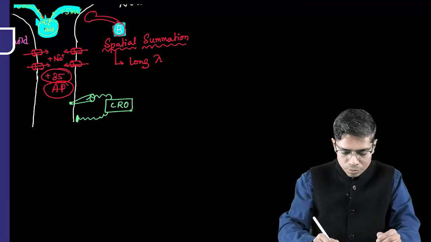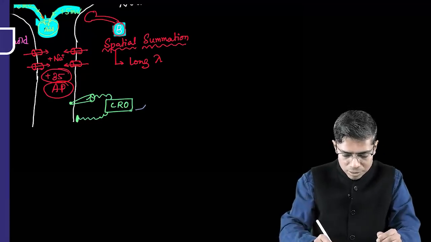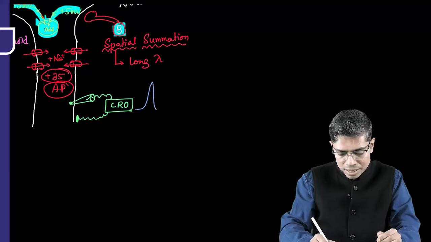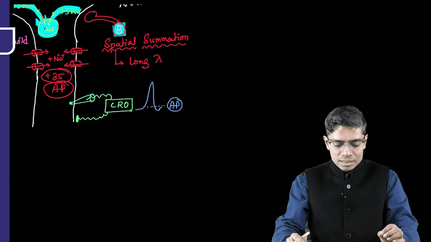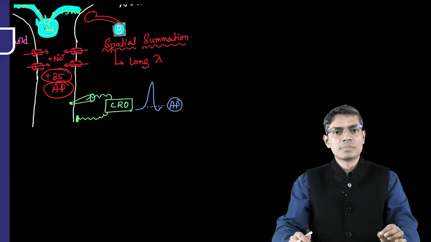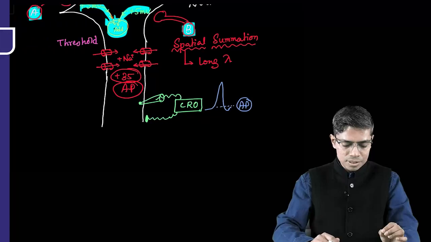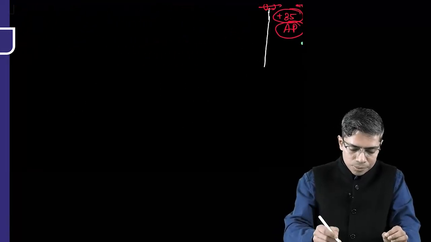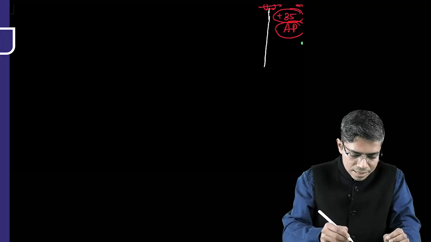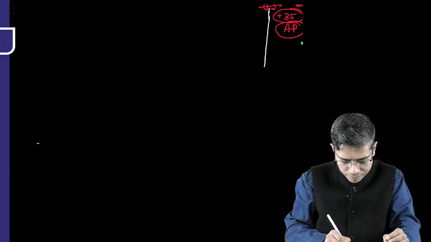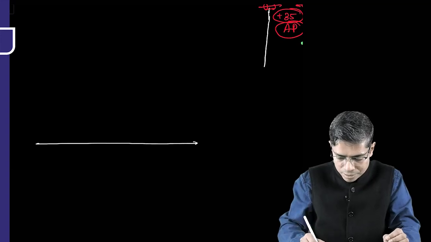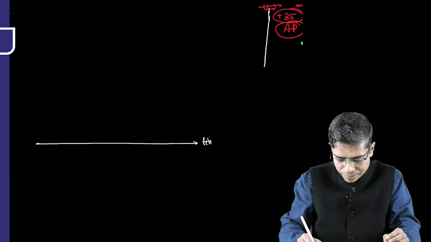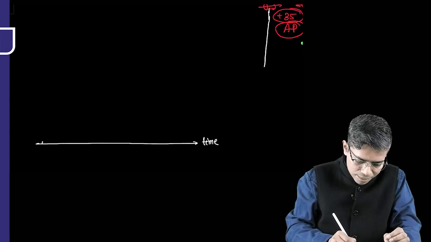So what you are going to find on this cathode ray oscilloscope is a diagram like this, and this diagram is nothing but our action potential. So what are the different parts of the action potential that we are going to discuss now, right? So I am drawing one x-axis, right? So this is the time axis, and another y-axis.